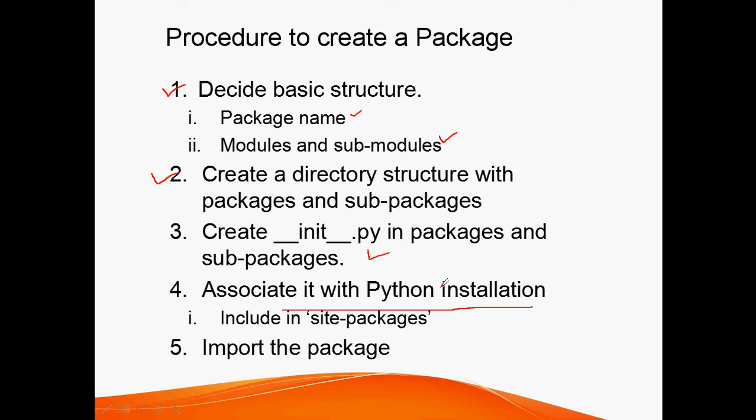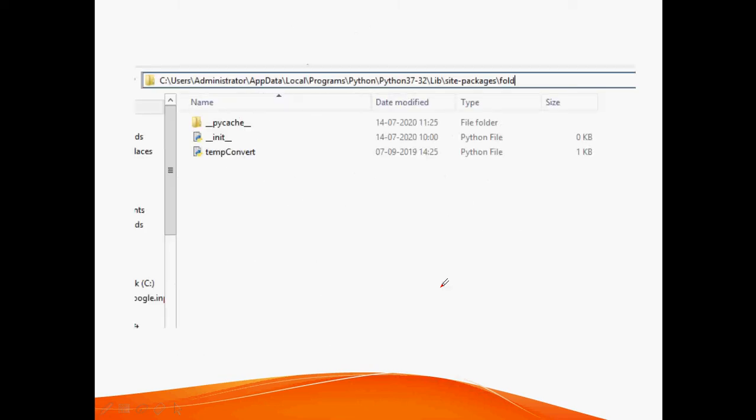We can see an example here. We call this site-packages. Python has a particular folder called site-packages in which all the packages supported by Python appear. So here you can save your package.